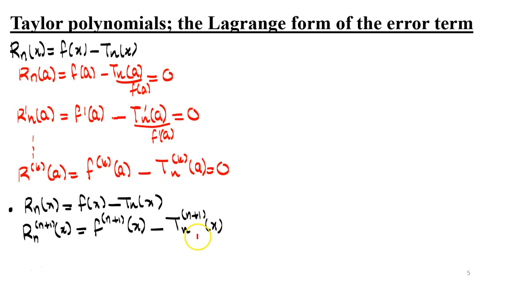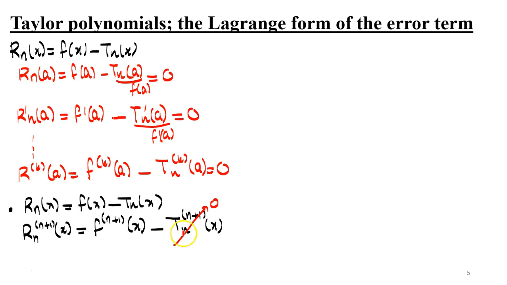So if I differentiate a polynomial of degree n, n plus 1 times, the derivative would be 0. It's as if we're looking at a polynomial of degree 2 that I differentiate 3 times: starting from the third derivative, the derivative of the polynomial will be equal to 0.